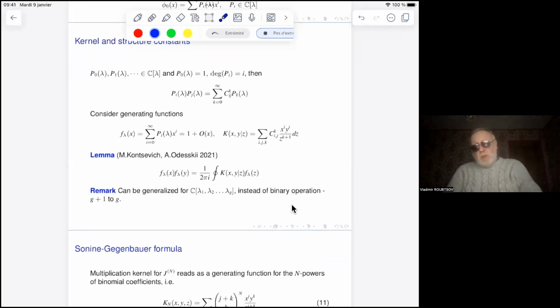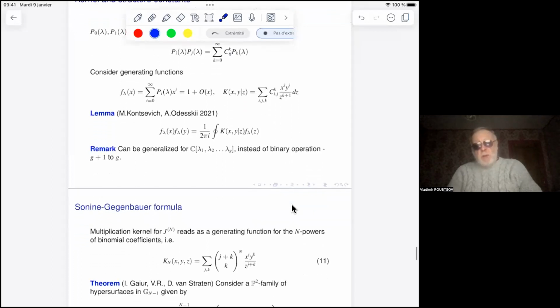So we have this residue formula for products of two eigenfunctions. We have our eigenfunction in terms of this series, using the coefficients C i j k for products of these coefficients, and define this kernel, and then the multiplication formula for the solution gives us an explicit formula.